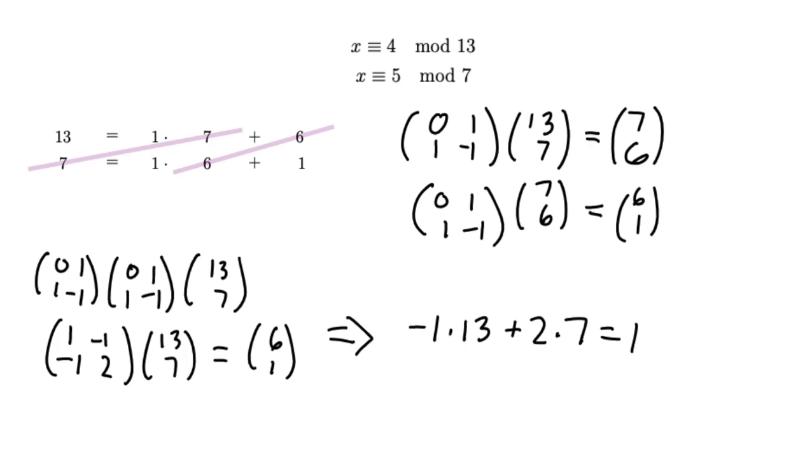Now let's look at these quotients. What we're going to do with those quotients is use them as a matrix entry if we negate them. How does this work?